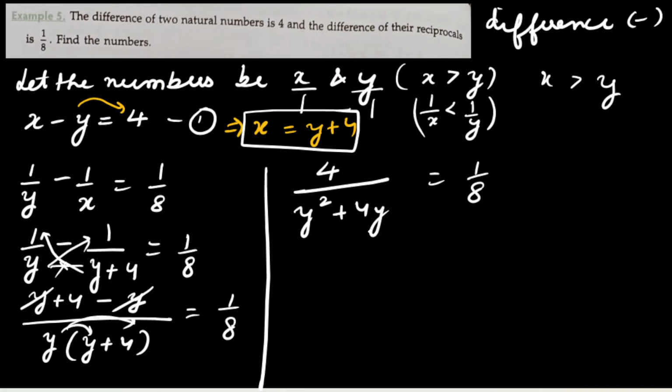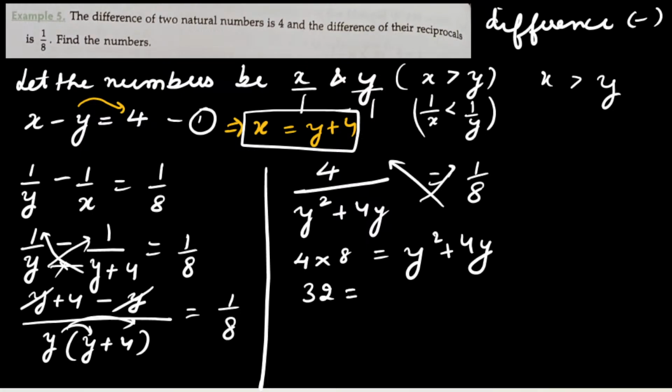Now both sides are one fraction, so we can just do cross multiplication. So 4 into 8, and on the other side if we multiply anything with 1, the answer will be the same only. So 1 into y square plus 4y is y square plus 4y. So here I have now got 32 equals y square plus 4y. Let's shift 32 to the other side.